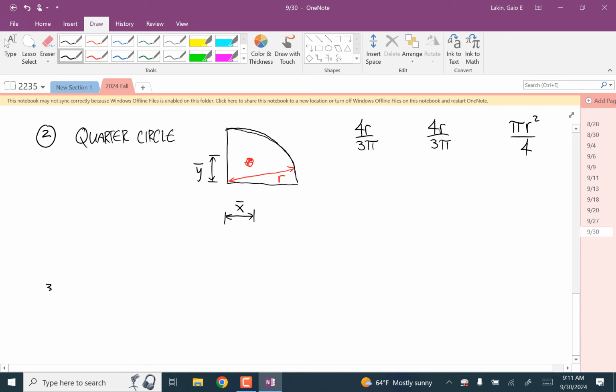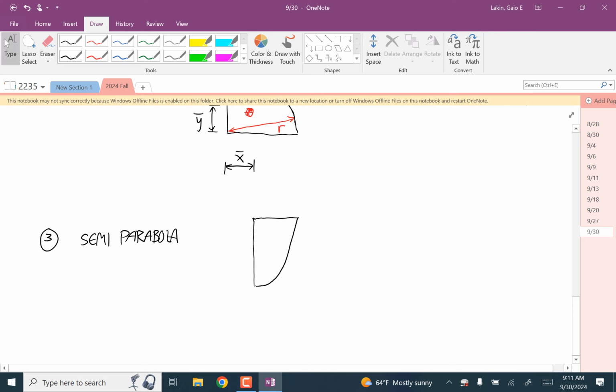And then the third one is a semiparabola. So I'm going to think of this this way. And the centroid is over here somewhere.